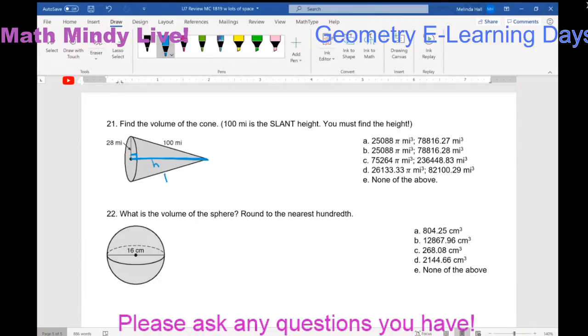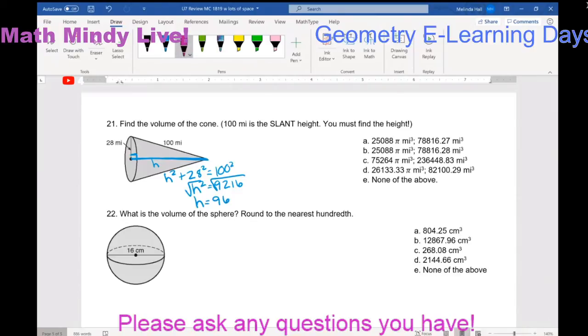Then you can say h squared plus 28 squared equals 100 squared. When you do 100 squared minus 28 squared, that gives you h squared equals 9,216. When you take that square root, you would get that h is 96.